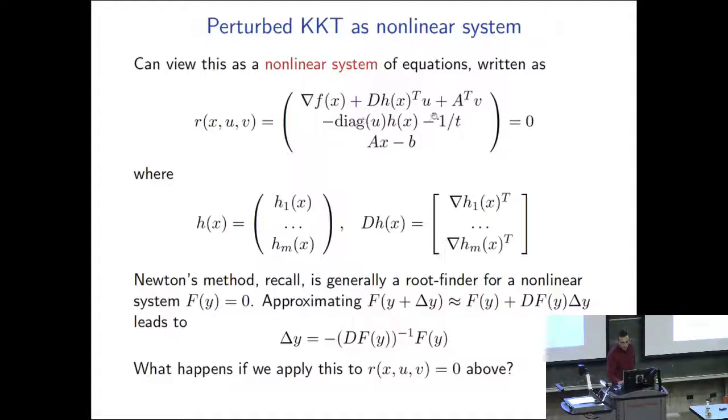And this is the perturbed complementary slackness. So I'm writing the product of ui and hi equal to minus 1 over t for all i as a diagonal matrix of the u's times this h function minus 1 over t must be equal to 0. In fact, just for completeness sake, that should actually be minus 1 over t times the 1's vector.